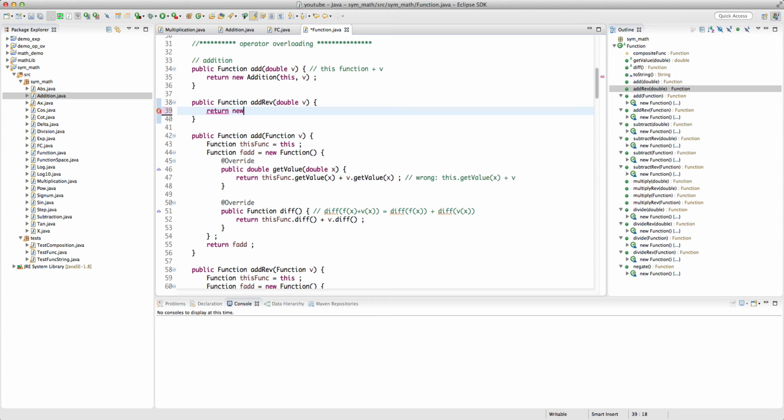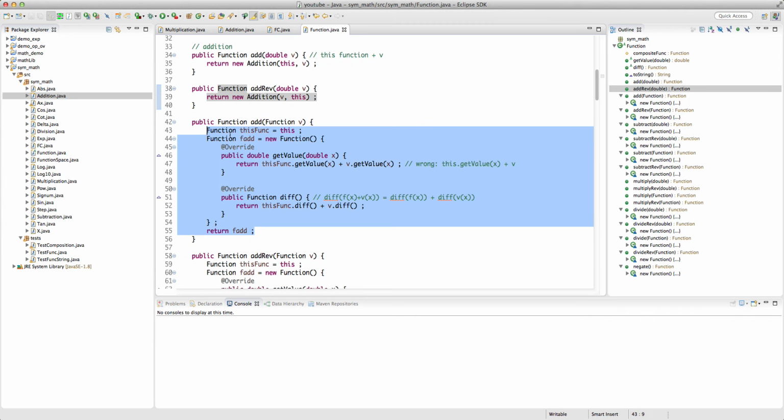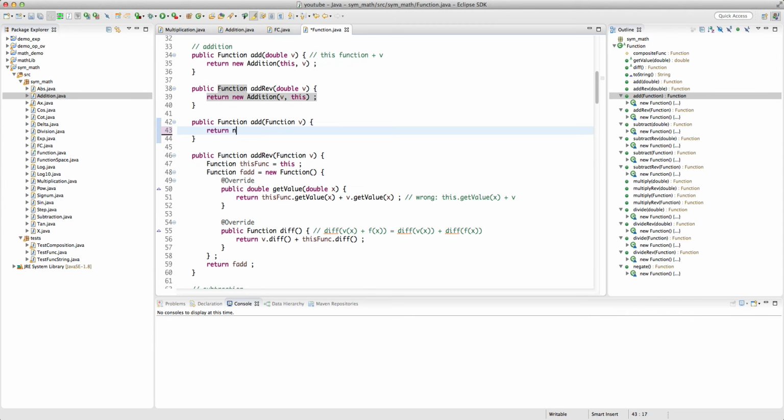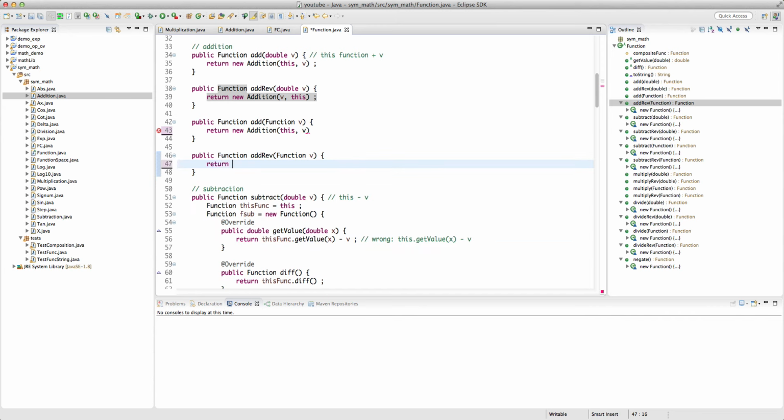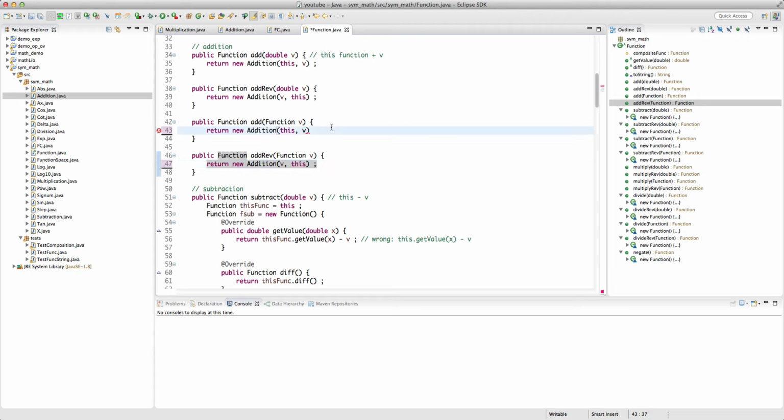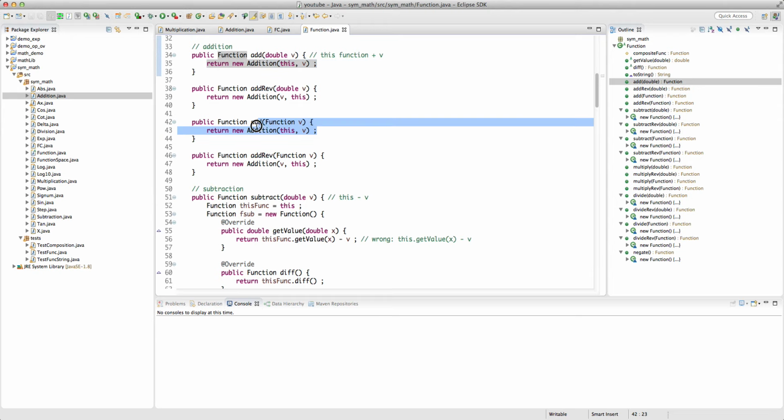Return new addition of v and this, and here return new addition of this and v, where v is a function, and finally return new addition with reverse order, v and this. As you can see, the syntax is basically the same, this and v, and it already knows here v is a function, here v is a double.